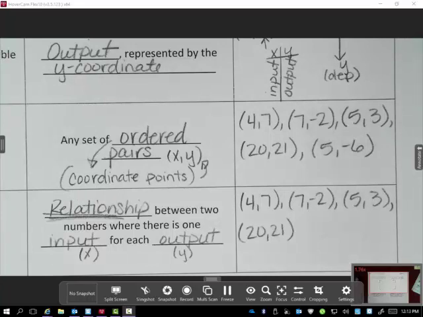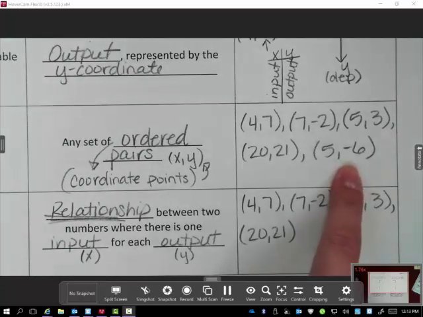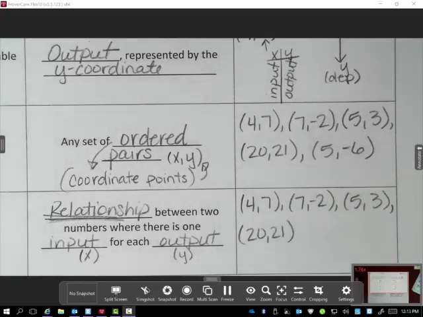How similar are those two? Except for the last one. Okay, now I want you to look at the last one right here compared to the other points in that relation. And what do you notice?